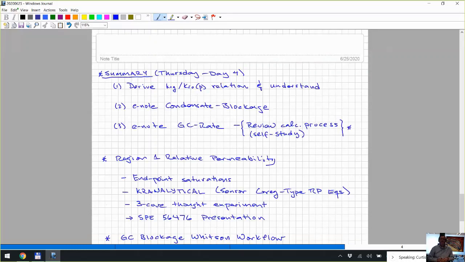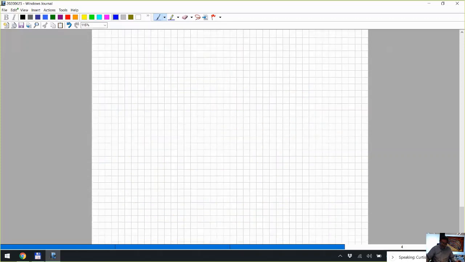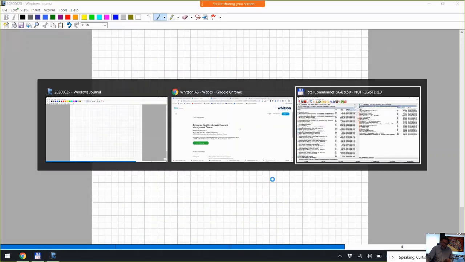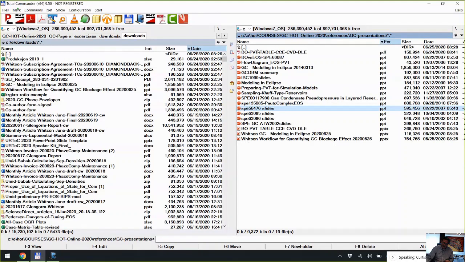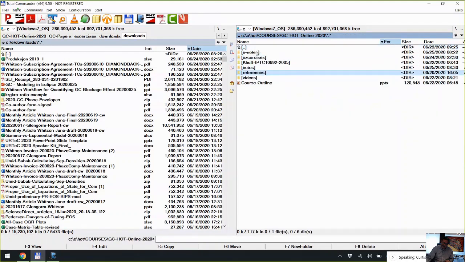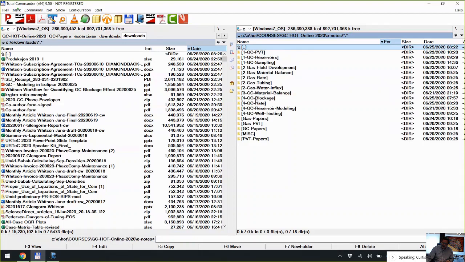Are there any comments or questions from out there? I think it's a very important piece of this puzzle, and it's worth understanding where it comes from. So what we're going to do next is a quick hammering of this gas condensate blockage.